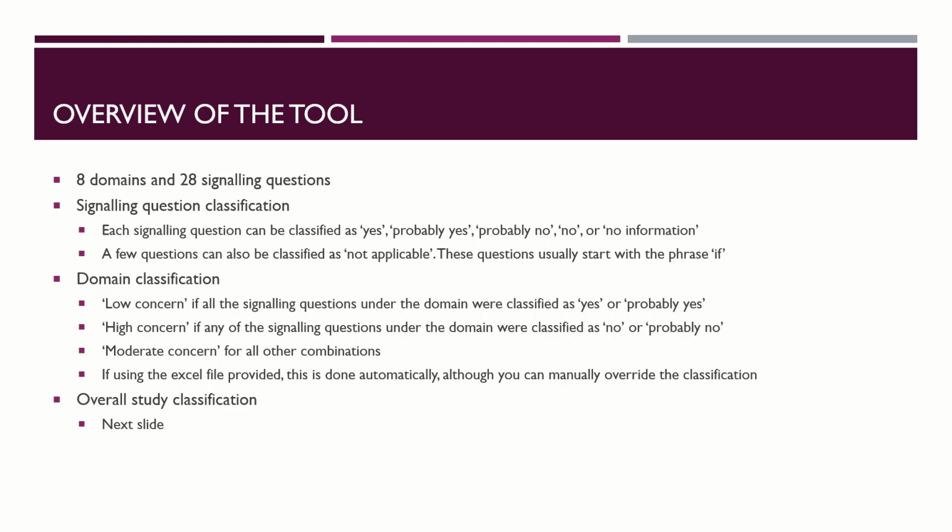If you are using the Excel file that I have provided, this is done automatically. In other words, if you put in the signaling question classification, the domain classification is done automatically. Although you can manually override the classification if you feel that's appropriate and provide some explanation as to why you did that.